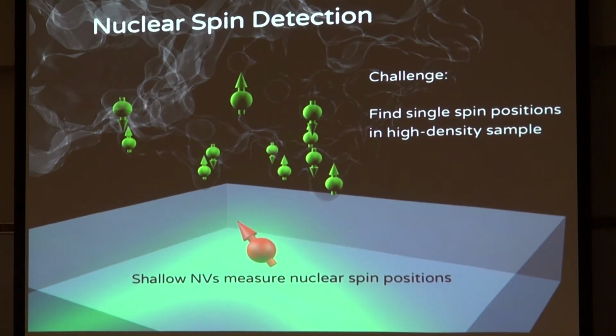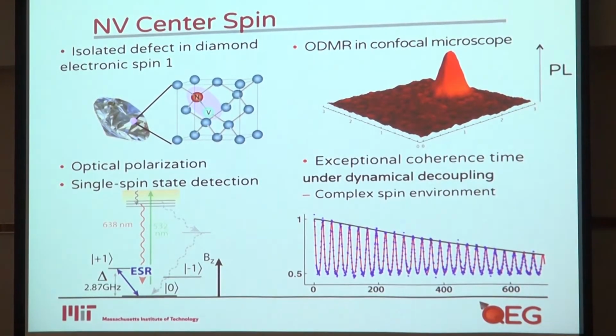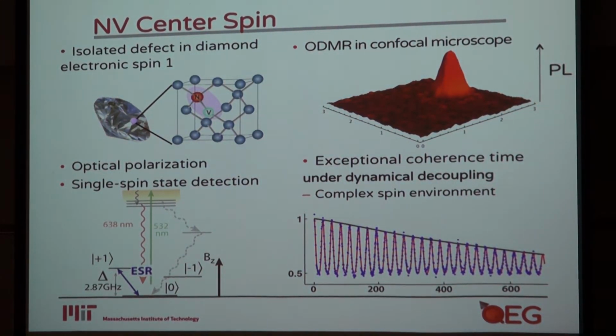So I mentioned NV centers, which you probably by now everybody knows what NV centers are. So I have basically one slide, an introduction to NV centers, which hopefully I don't even need to show, but it's an interlude. So NV centers, for whoever doesn't know yet, are isolated defects in diamond with spin 1, and we can see them. That's the number one requisite in order to be able to use them. But the nice thing about NV centers is that they can be polarized optically, even at very low temperature, by just shining green light.